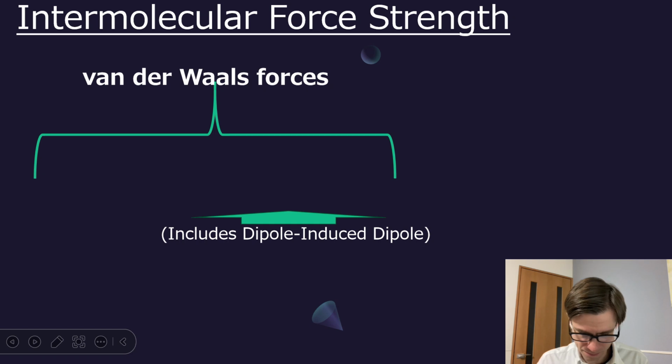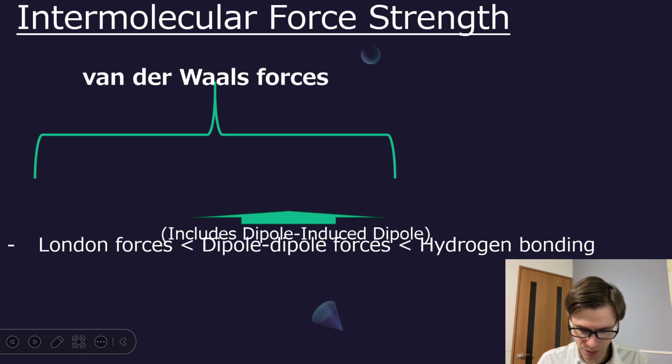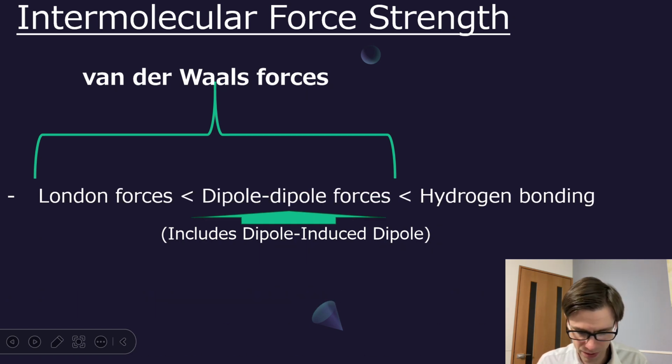Okay, I want to just go through some notation here. London forces, dipole-dipole forces, and hydrogen bonding. These are the three types I've introduced to you. Now it turns out London forces and dipole-dipole forces can be grouped into another category called van der Waals forces, and in fact I see this labeled more often, especially in media from the US or Canada.